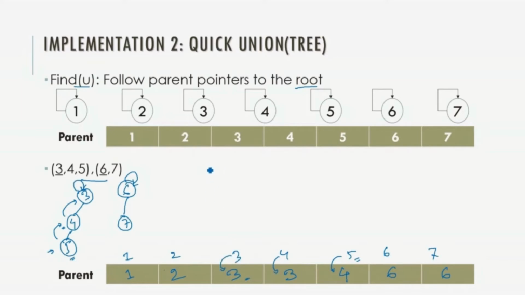The pseudocode for find is something like this. Find the representative of a node. While the node is not the same as its parent node, it is not the root node. So until we find the root node, we just move to the parent node.